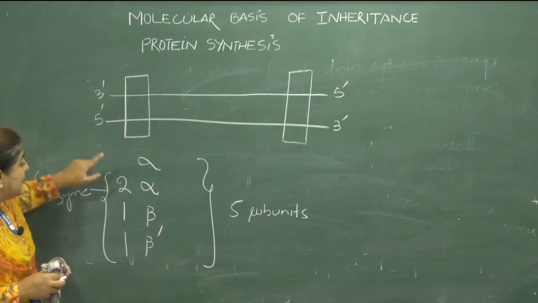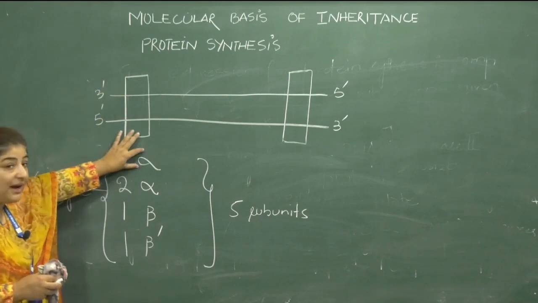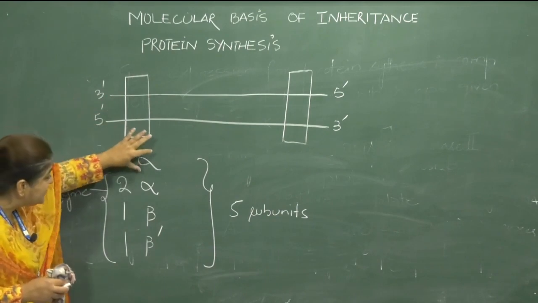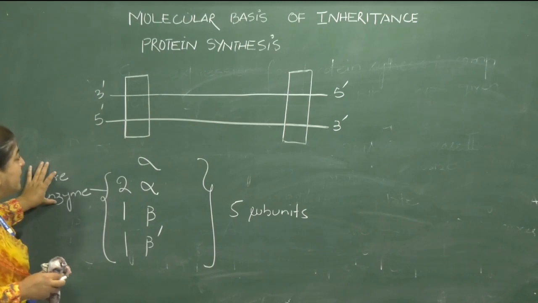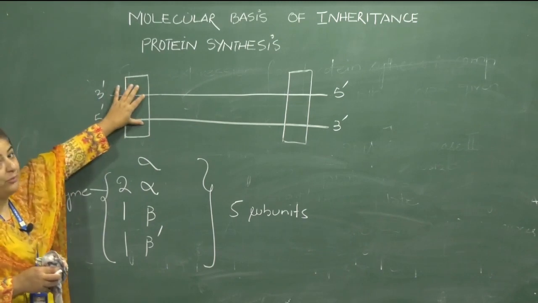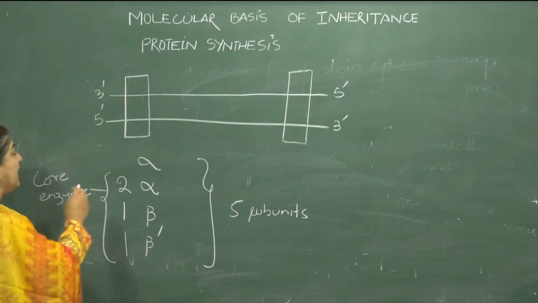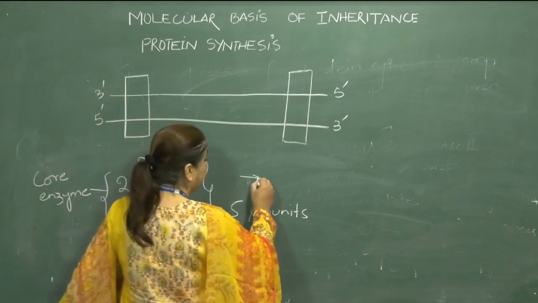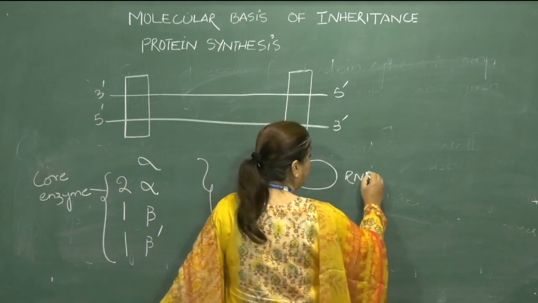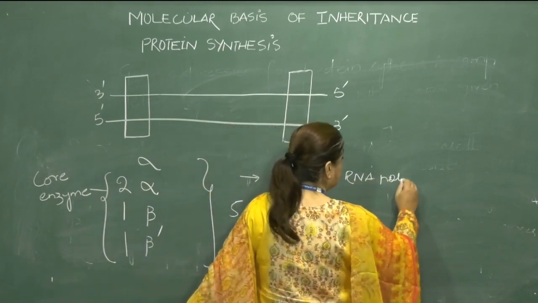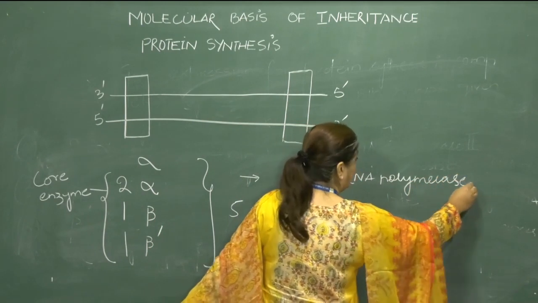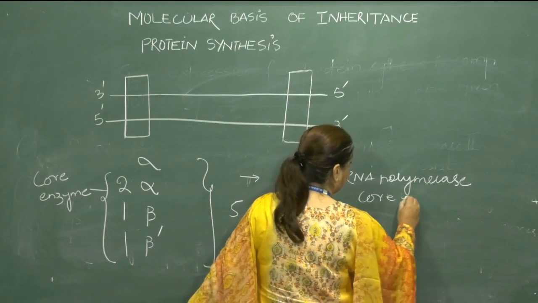So for this, there should be this sigma factor attached to this core enzyme, and with the help of this sigma factor attached to the core enzyme, this RNA polymerase can bind to the promoter region. So once again, this is the RNA polymerase core enzyme.